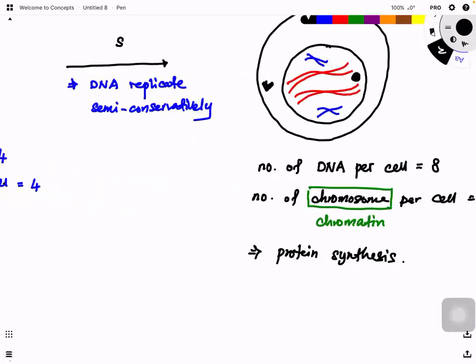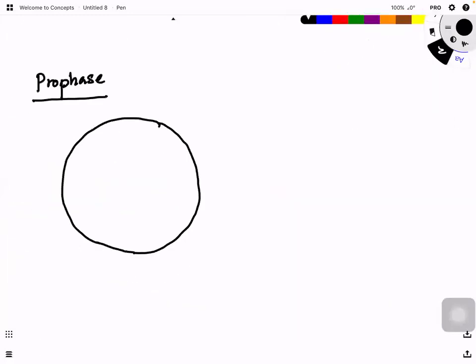But now during the prophase, the nuclear envelope disintegrates. We break this nuclear envelope or nuclear membrane. And due to the condensation of the chromatin to form the chromosome, you can now see that we form the metaphase chromosome.